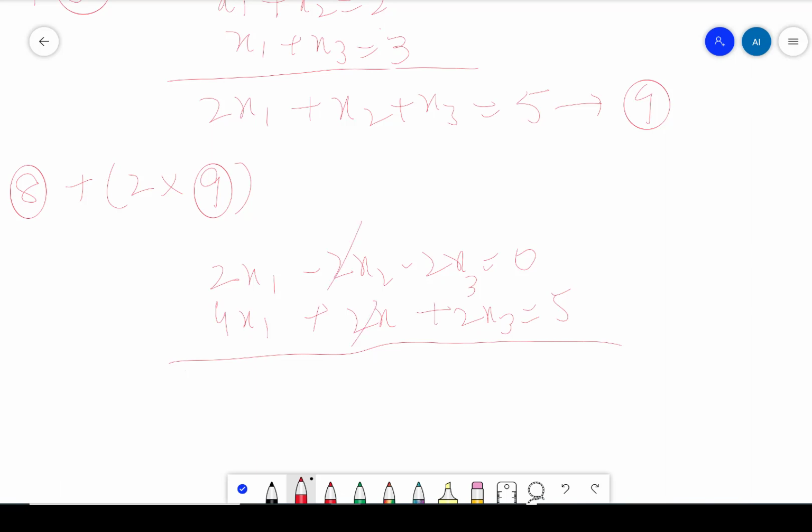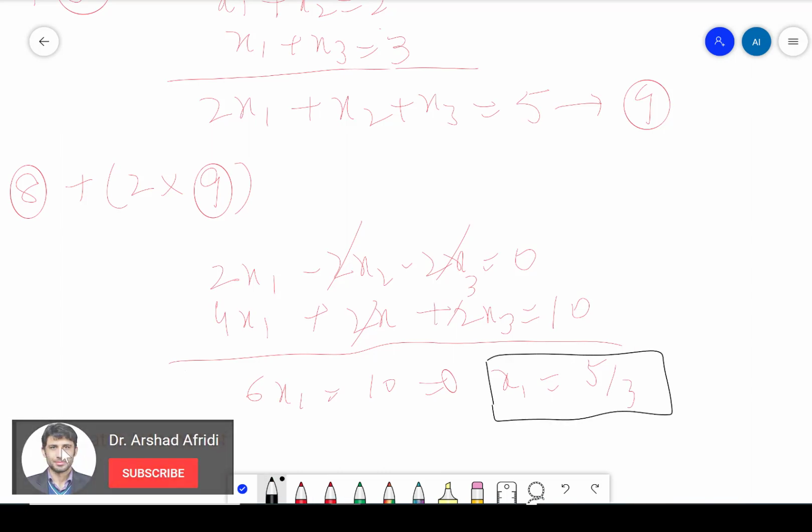So these values are cancelled, and we get 6x1 is equal to 10, which gives that x1 is equal to 5 by 3. So this is our solution for x1.